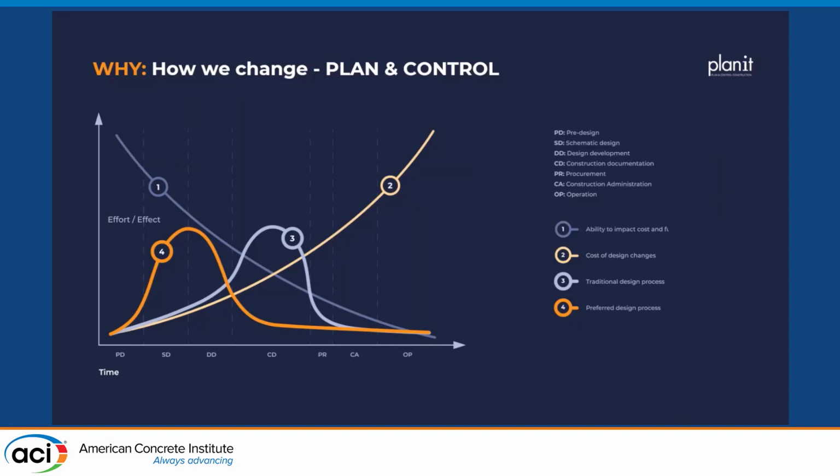If I do that as a late decision, and we've done this, after I've built the podium, and now I'm doing a type 5 structure on top of it, and the owner decides they want air conditioning in the building, that's expensive, and you have very limited ability to even do this. Yet, most of the effort in design happens in this phase. That's what they said at the time. So it's when cost is already pretty high and the ability to influence is pretty low. So how about we move it to the left?